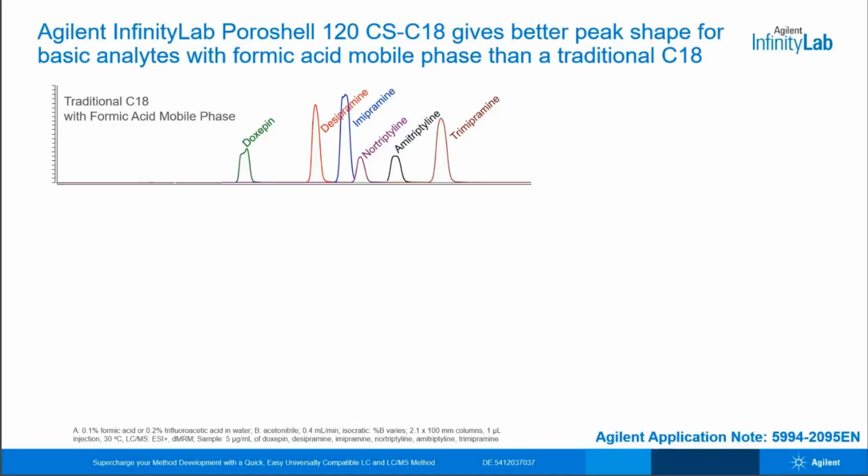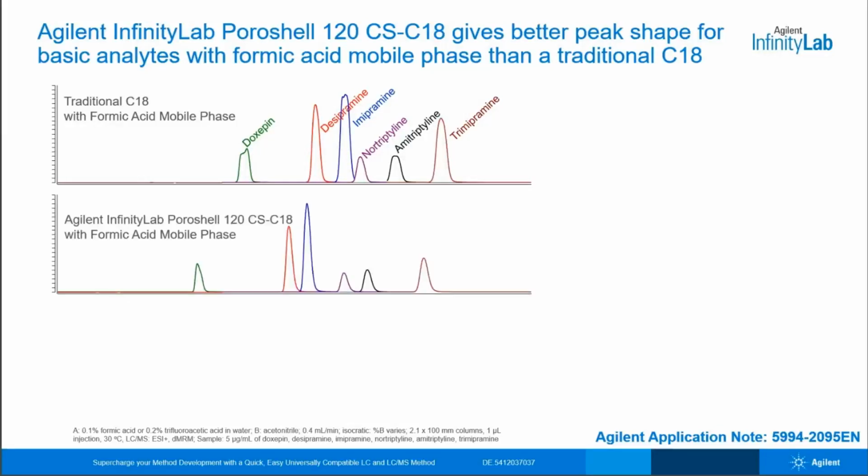However, if we use the appropriate column bonded phase for this situation, we can overcome the peak shape concerns. The InfinityLab Poroshell 120 CS-C18 is designed just for this. It provides good basic compound peak shape with low ionic strength mobile phases like formic acid.